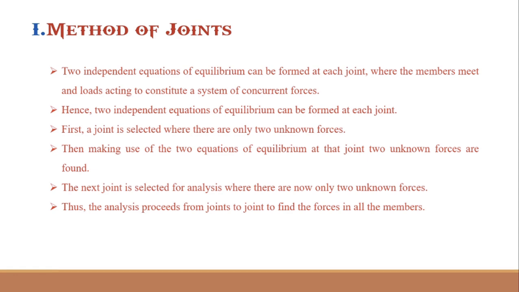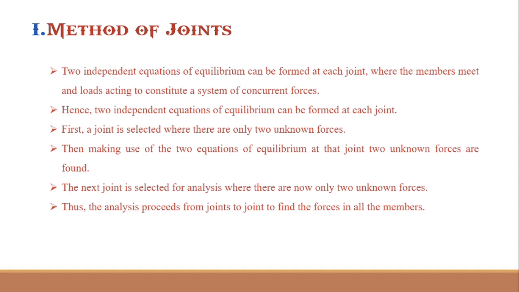We have to select a joint from the number of joints and members in the truss given as a question. We have to carefully analyze and select a joint where there are only two unknowns. If there are two unknowns we can apply our equilibrium equations and find them, so it will be easy to carry on the problem to find the other unknowns.